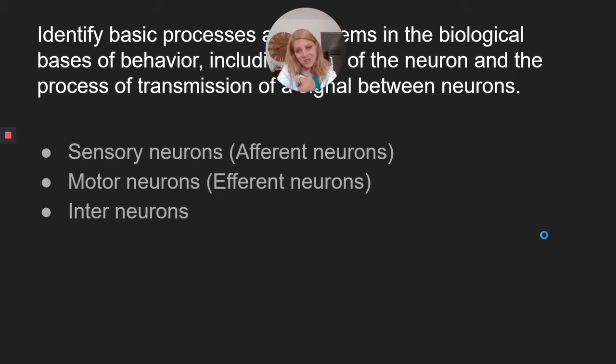But then we come to interneurons. And interneurons, I like to refer to as the in-between neurons because I have billions of these interneurons, and they're going to be found in between the sensory neuron and the motor neuron.